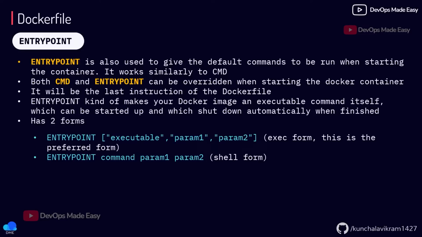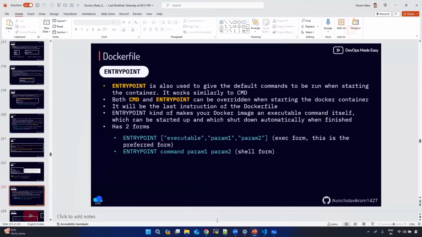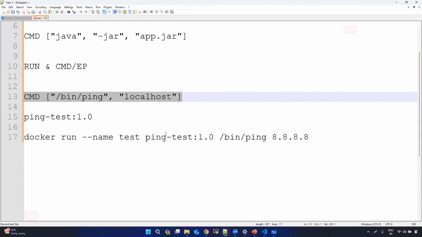Now coming to ENTRYPOINT, it is also similar to CMD. It also takes the same forms, shell or executable. Which means if this is a starting command, I can put either CMD or ENTRYPOINT, and this will also serve as the default command.